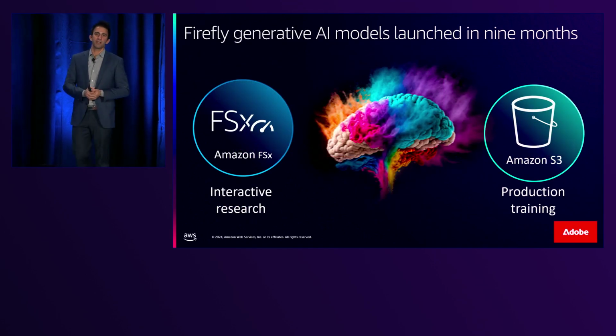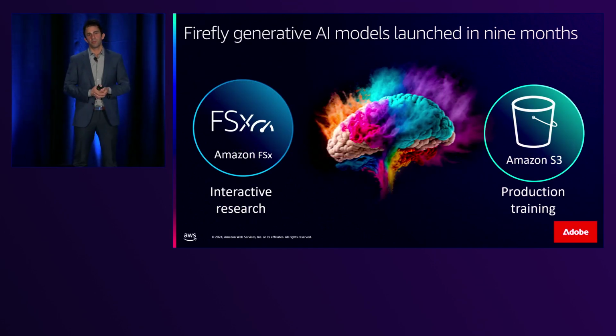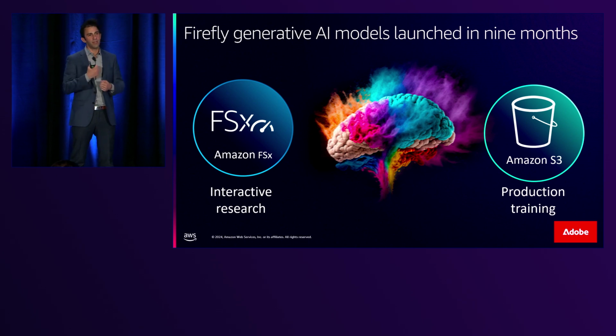A great example of a customer who's taking this best of both worlds approach is Adobe. Similar to LGAI Research, they use both Amazon FSx for Lustre and Amazon S3. In this case, they use FSx for Lustre to try out and experiment a number of different models with researchers and domain experts.